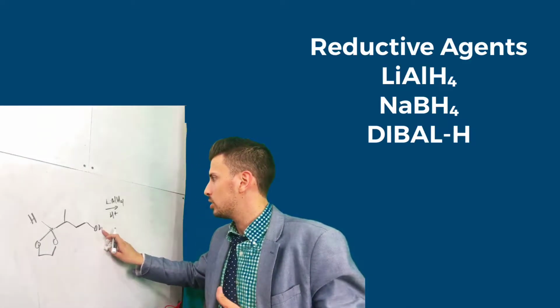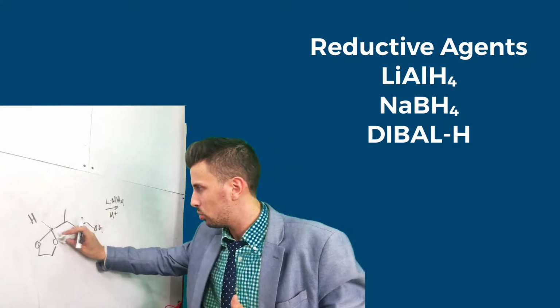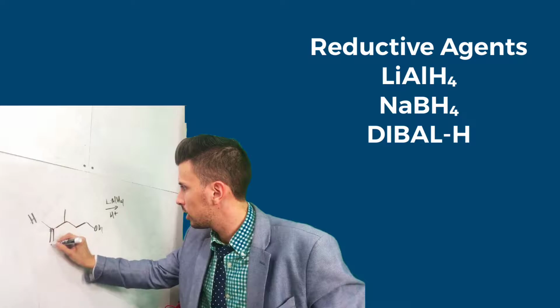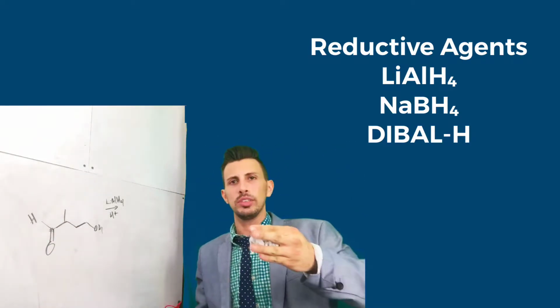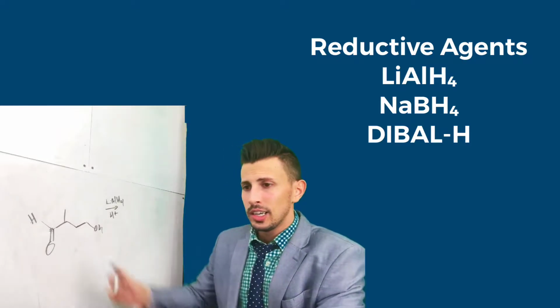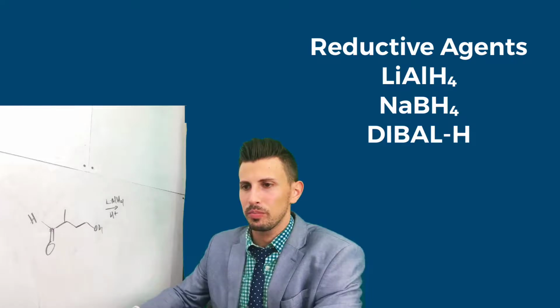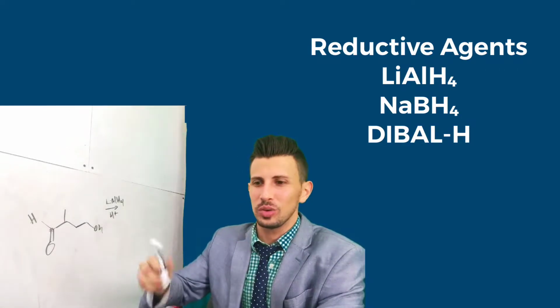Number one, to establish a bond to a hydrogen, and two, to restore the aldehyde or ketone from the protecting group. Notice in this case, it still has the carbonyl. Therefore, while it's important that you know what ethylene glycol does, it's not the answer to this question.